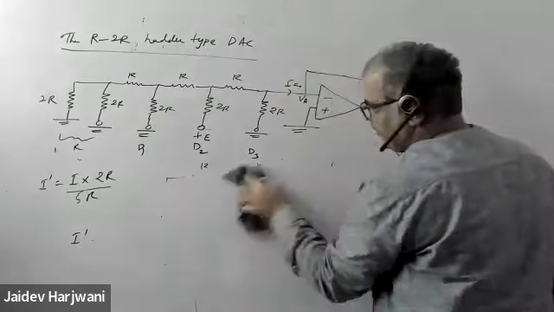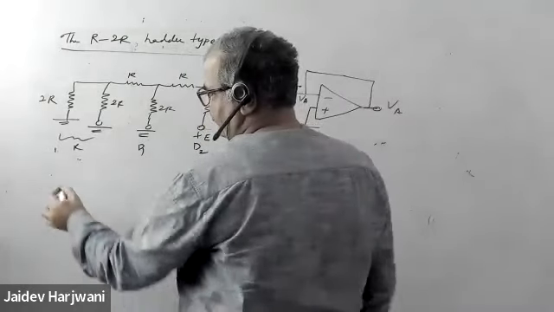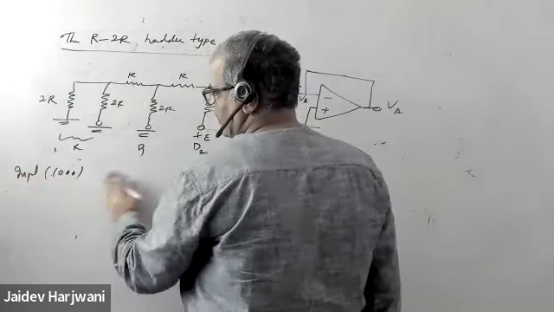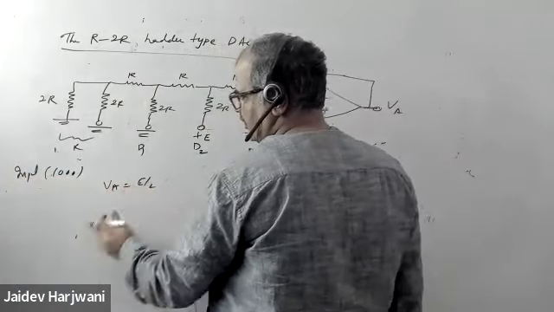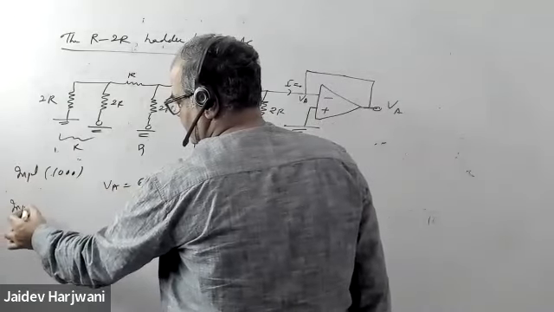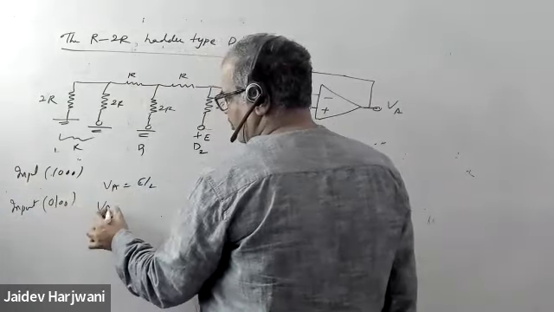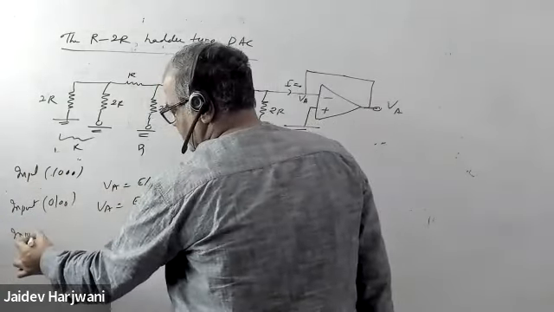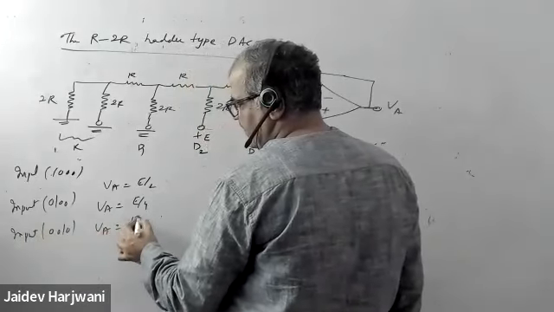Now you can keep on doing like that. So that is your homework. Just now I will write for input 1000, then I have output VA equal to E by 2. When the input is 0100, then my output is E by 4. Similarly, if my input is 0010, my V will be E by 8.